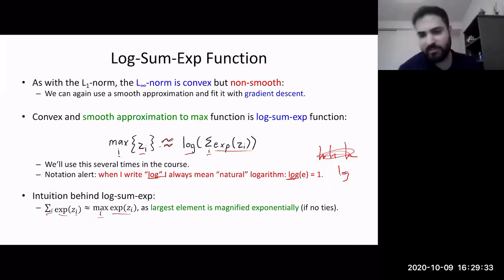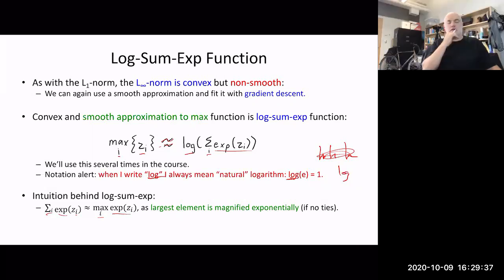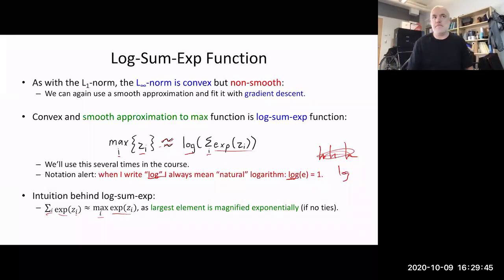Is it computationally more efficient than just going over the vector and finding the max? Okay, good question, Akeem. In a single vector case, maybe not.